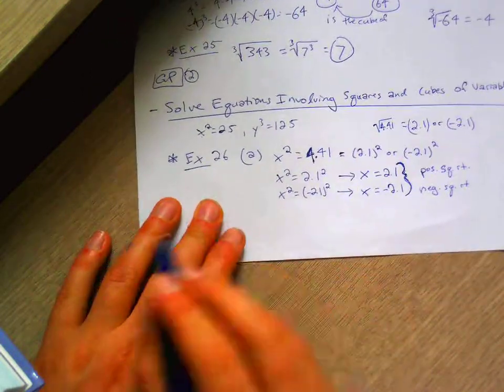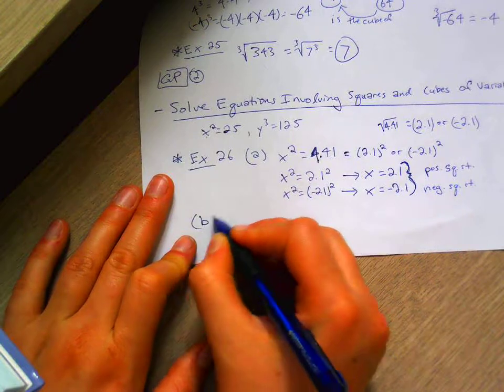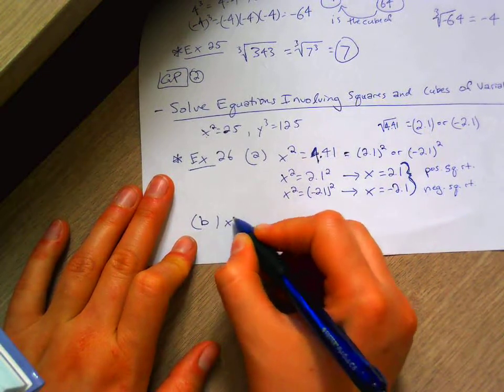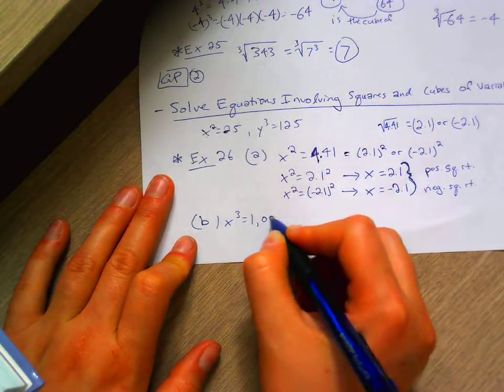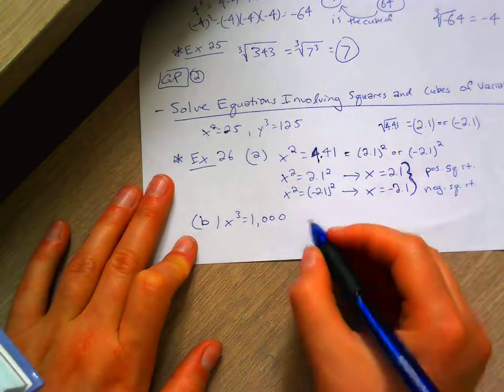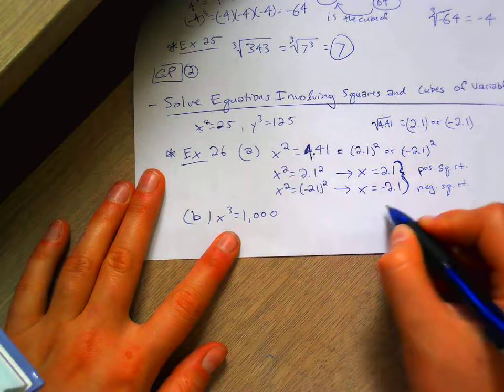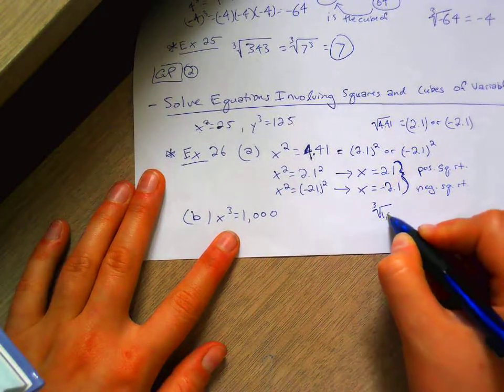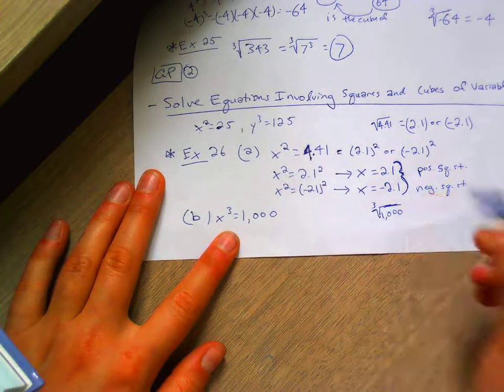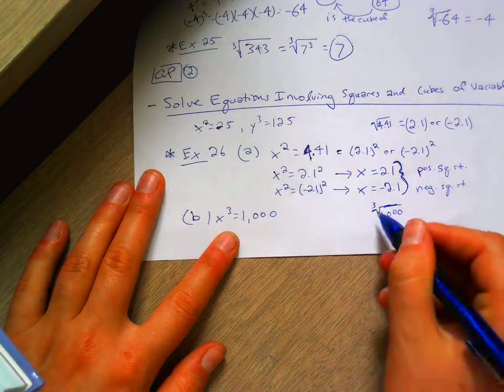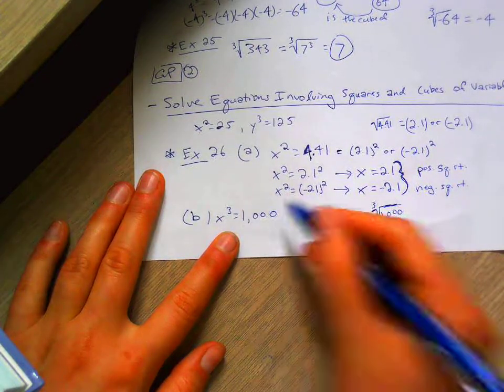Okay, next. For B, we have x cubed equals 1,000. So, to find the answer, we're going to figure out what the cube root of 1,000 is. We need to figure out what number times itself 3 times gives us this.